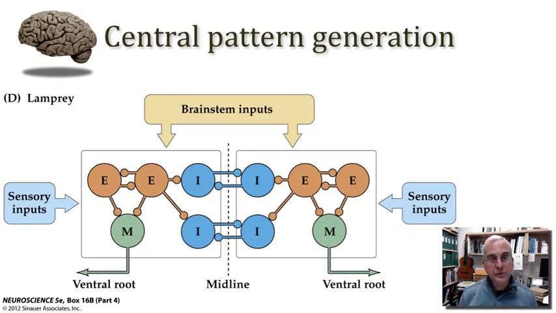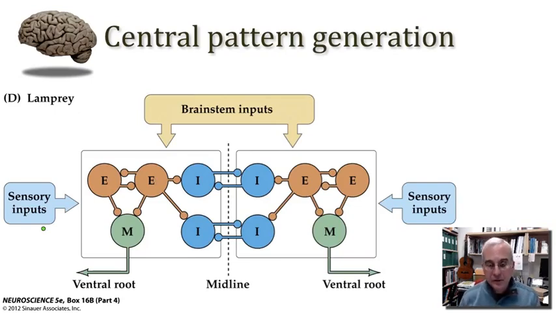This is especially true in quadrupedal animals, where there's a transition from an alternation of activities in the limbs between forelimbs and hind limbs to a coordination that is concurrent with the transition from a trot to a gallop. So something like that must occur in our central pattern generators as well as we transition from one kind of pace to another. So the very same circuit can generate more than one pattern.